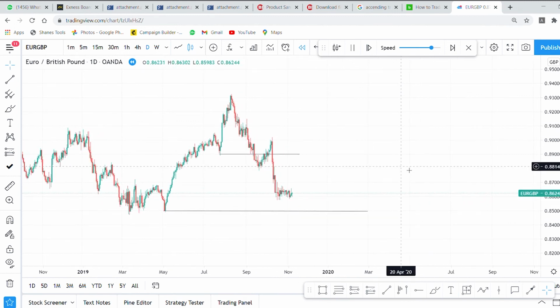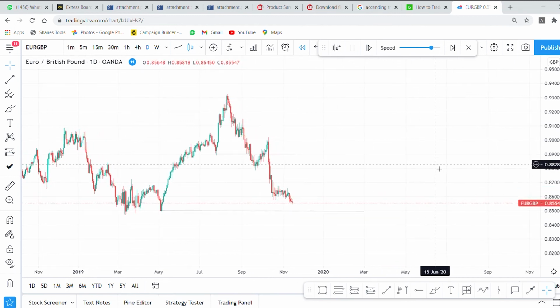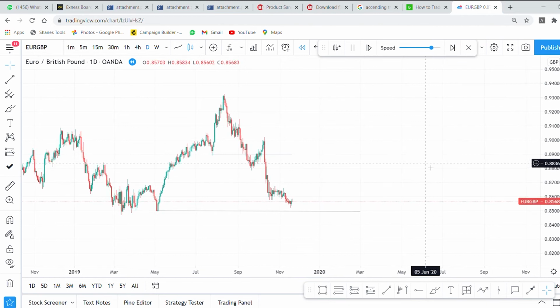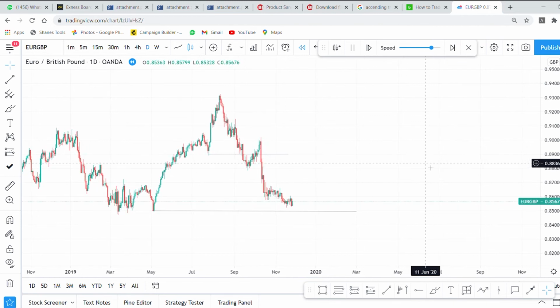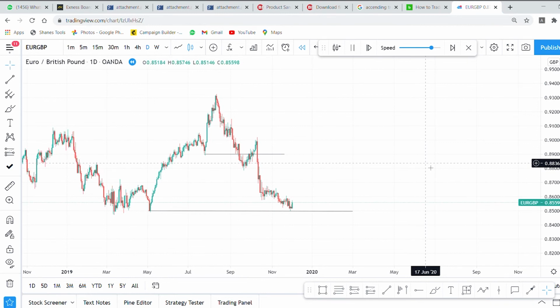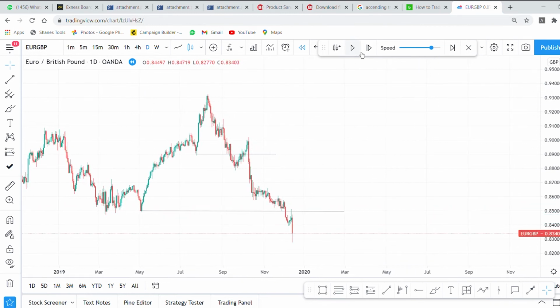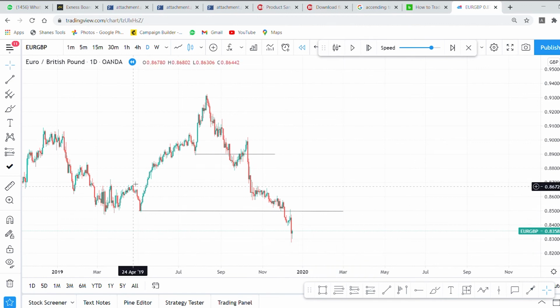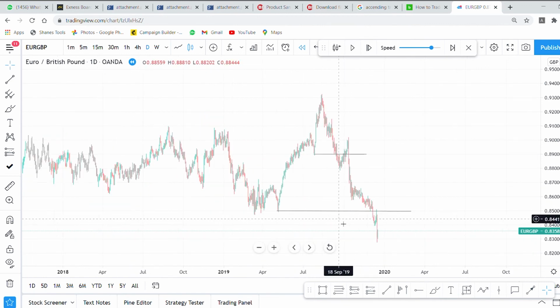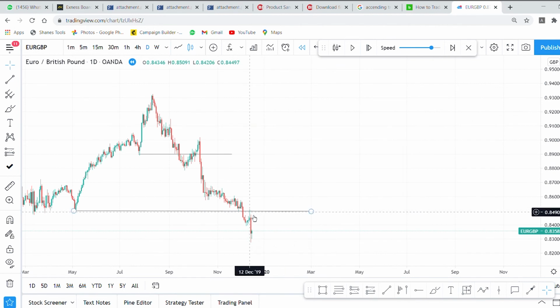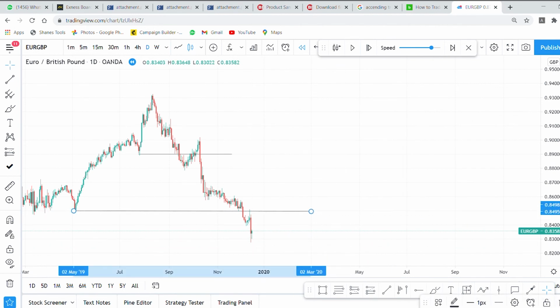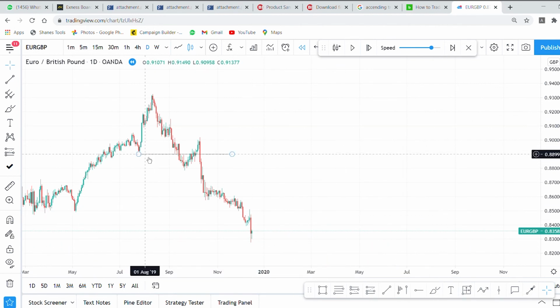As you can see, it's heading for the second one. This is how it plays. This is how, if you can actually be patient in the forex market, as you can see, it has taken out the first liquidity. Okay, now remember it has taken this liquidity, I can take it out on my chart.